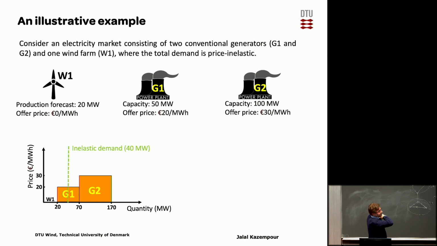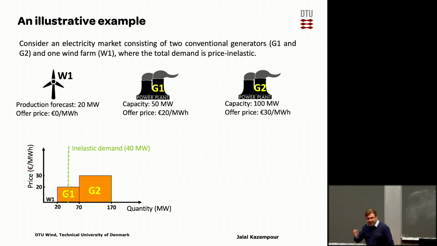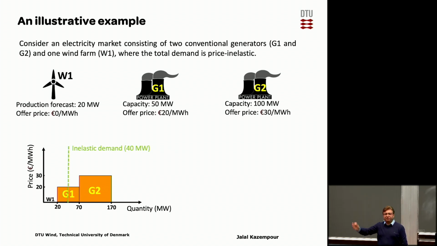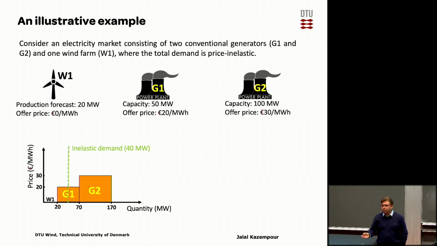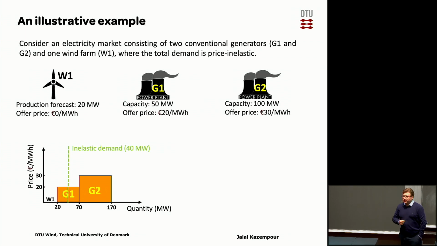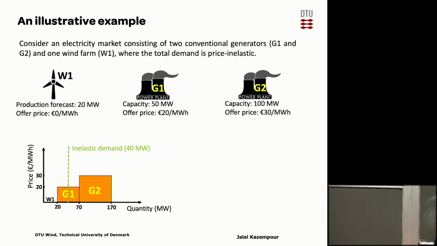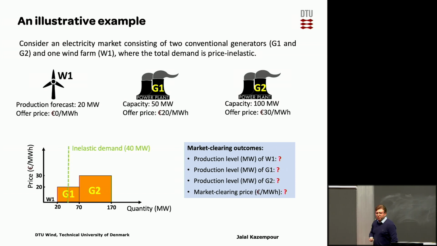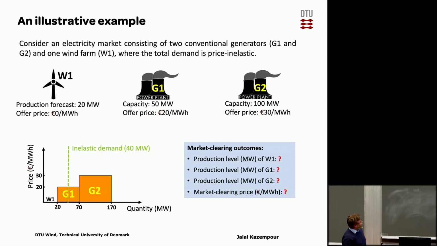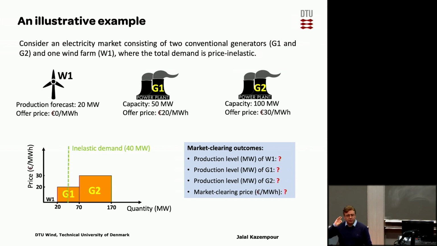So it's a supply curve. Demand curve is a vertical line because it's inelastic. At any price, or at price of infinity, demand is willing to buy. How much? 40. So if you are the market operator, what will be the market clearing outcomes? What will be the production level of W1, G1, G2, and what will be the market clearing price?